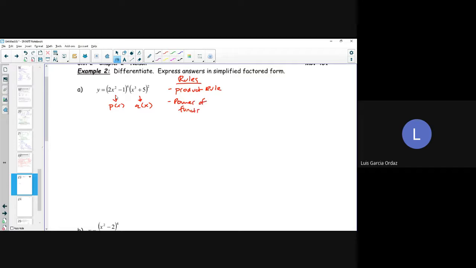Now on the side, what you would do is find your derivative of p of x. So what would my derivative of p of x be for (2x squared minus 1) to the power of 4? Remember, power of a function: you take the exponent, bring it to the coefficient, and subtract the exponent by 1, multiplied by the derivative of what's on the inside.